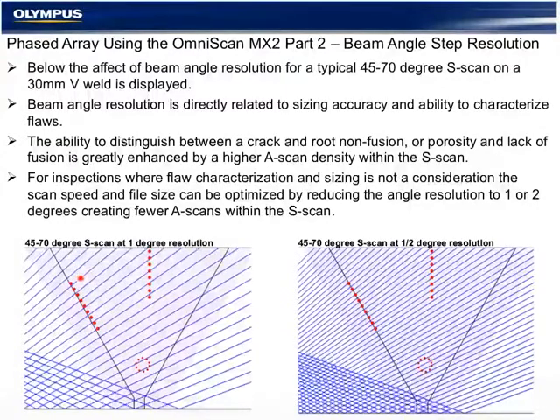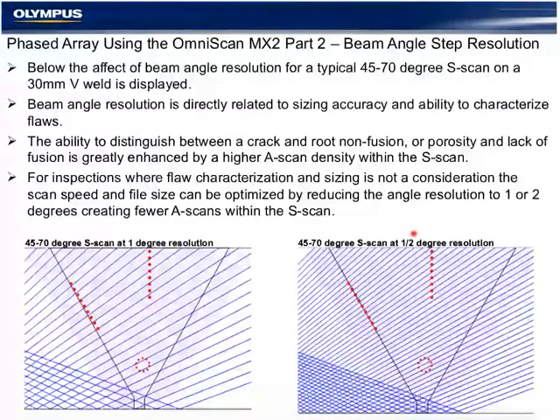The sector scan display that we see of a 1 degree resolution compared to a 1/2 degree resolution is very different. The more A scans we use in the sector scan, the better our sizing or characterization. When the resolution is smaller, the file size is increased, and the scanner speed must be slowed down.